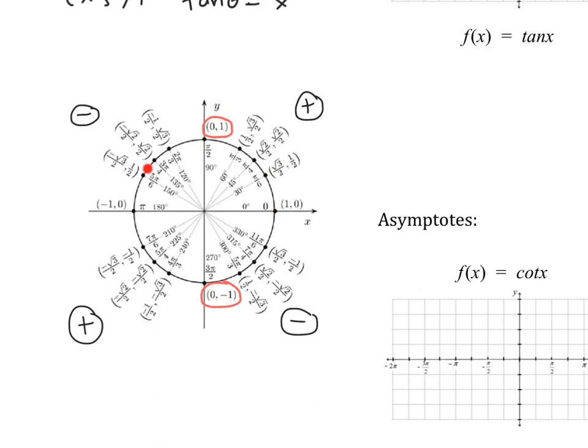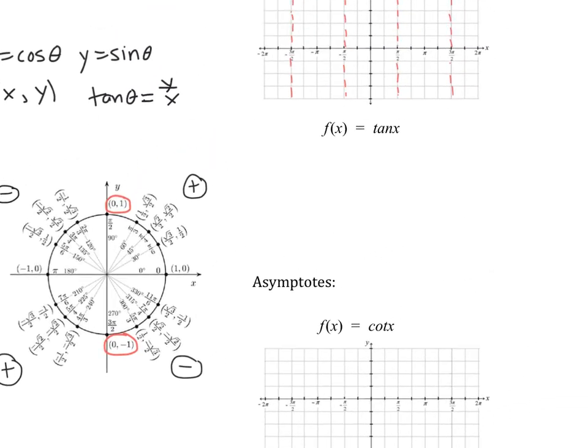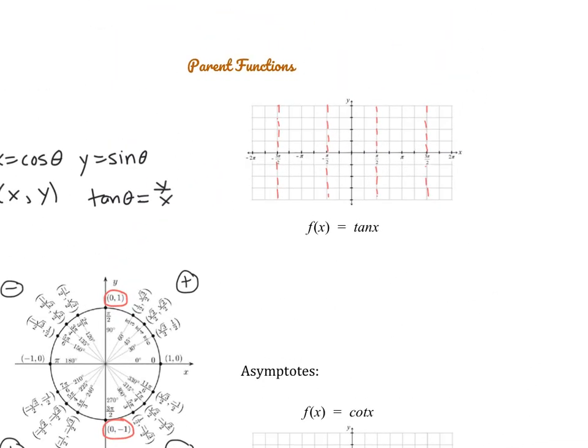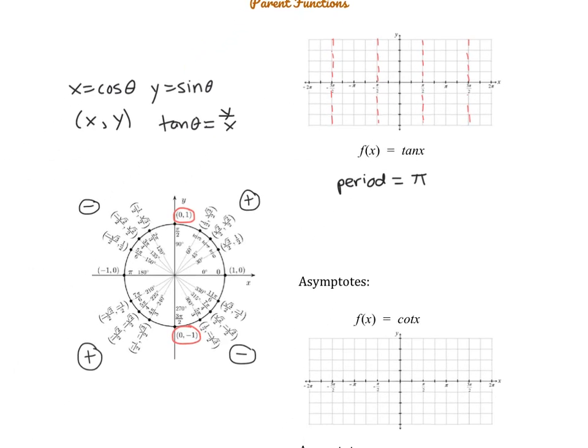So rather than taking a full 2 pi to start repeating like sine and cosine, tangent only takes pi. That's why the period of both tangent and cotangent, the period of the parent function at least, is going to be pi rather than 2 pi. And again, that's because it only takes half a circle for tangent to start repeating this pattern of sign change.